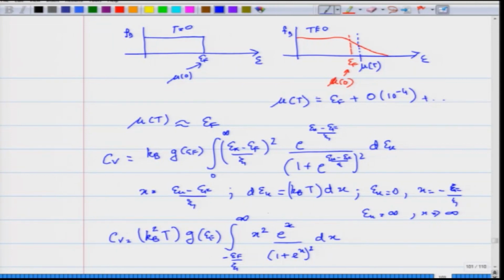So, now we are coming to a point where we can have an integral. If you look at the lower limit of the integral, it is going from a minus value to a plus value.